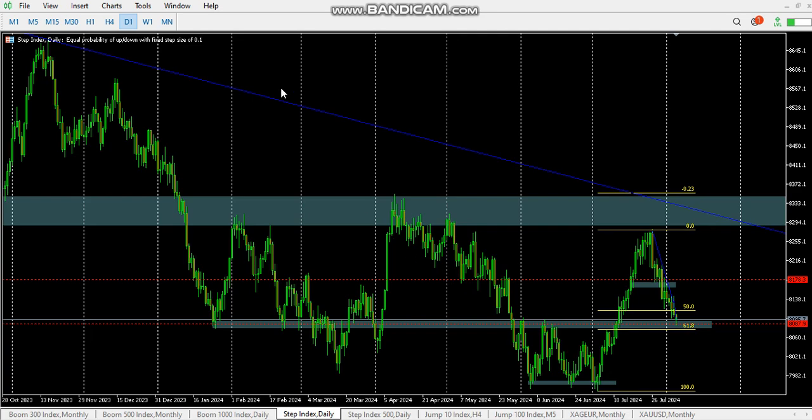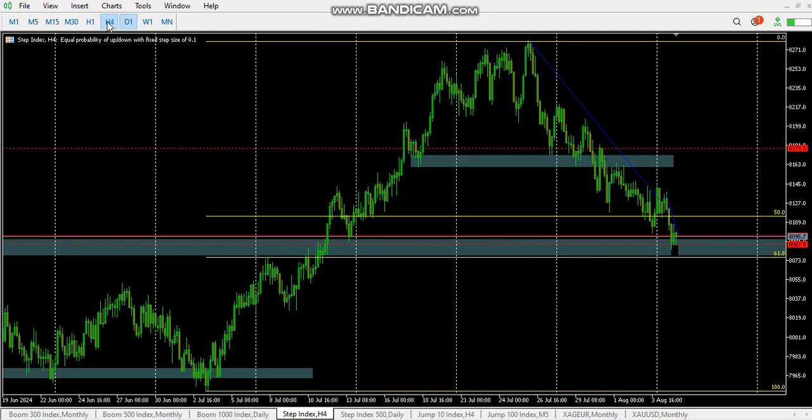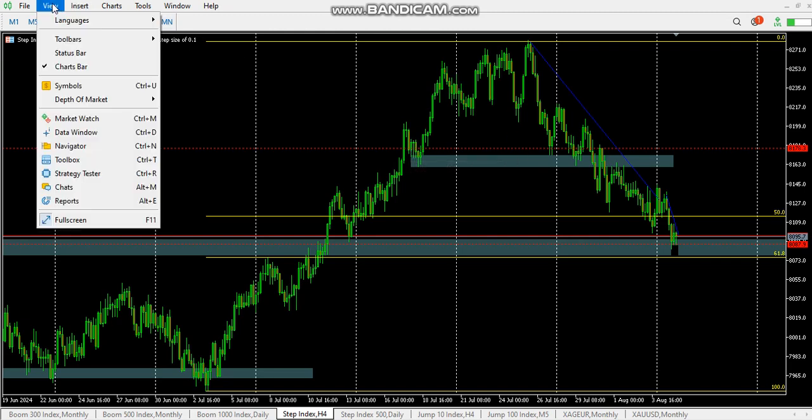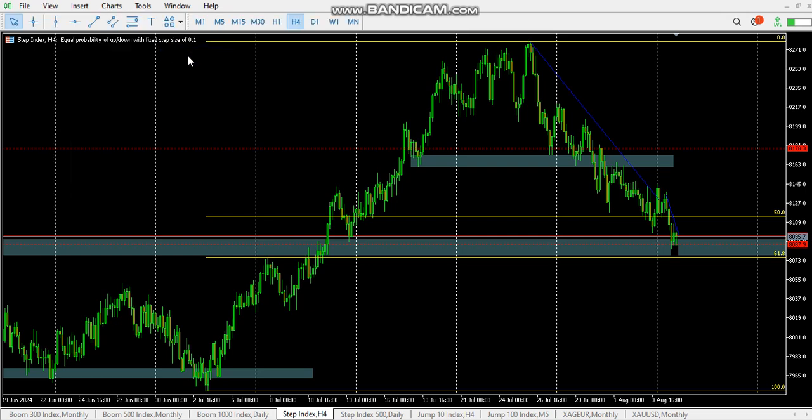Also, if we scroll to a lower time frame, you'll be able to find out that this market was making lower lows and lower highs, lower lows and lower highs. So that means that this place was a support before and it was broken. Retested, was what? Again broken.